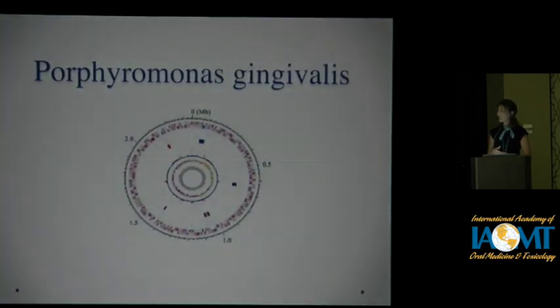So this is actually a genomic rendition of P. gingivalis. And what I think is kind of interesting is there's more than one Porphyromonas gingivalis species. There's actually a P. gingivalis that is not disease-oriented, and many children end up with it.